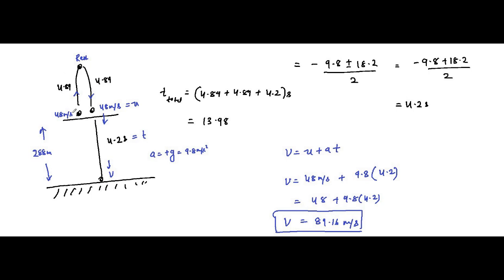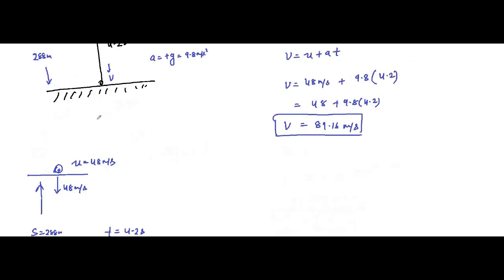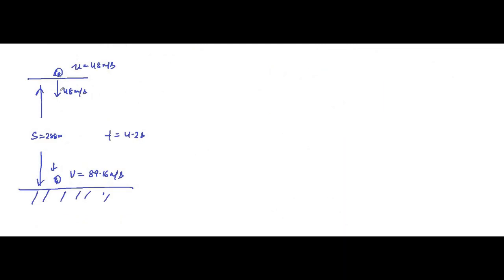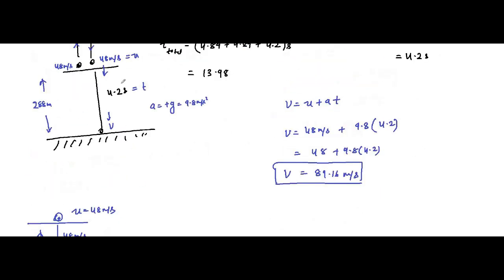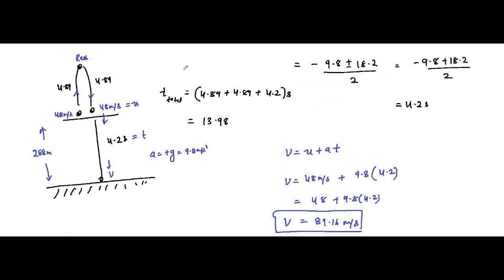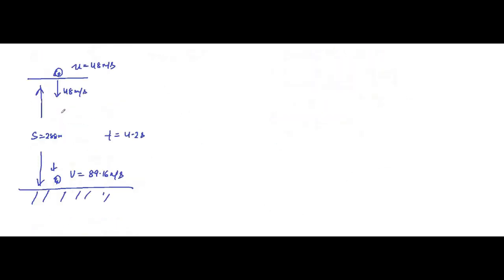Here it was thrown upwards, it came to rest, and it arrived at the same point with the same velocity. Here it was thrown downwards with the same velocity with which it was thrown upwards. So same thing. The journey of the stone after it arrived from this point to this point in this case is the same as the journey of the stone which was thrown downwards from this point to this point.